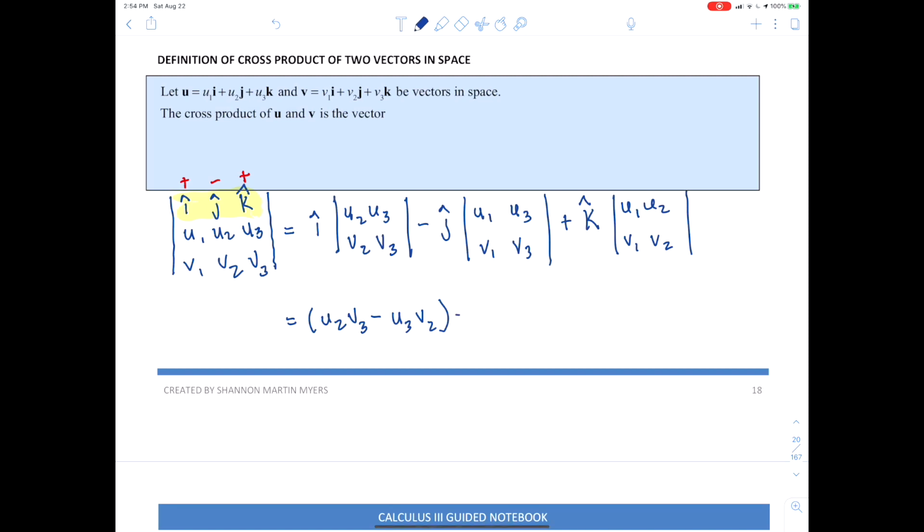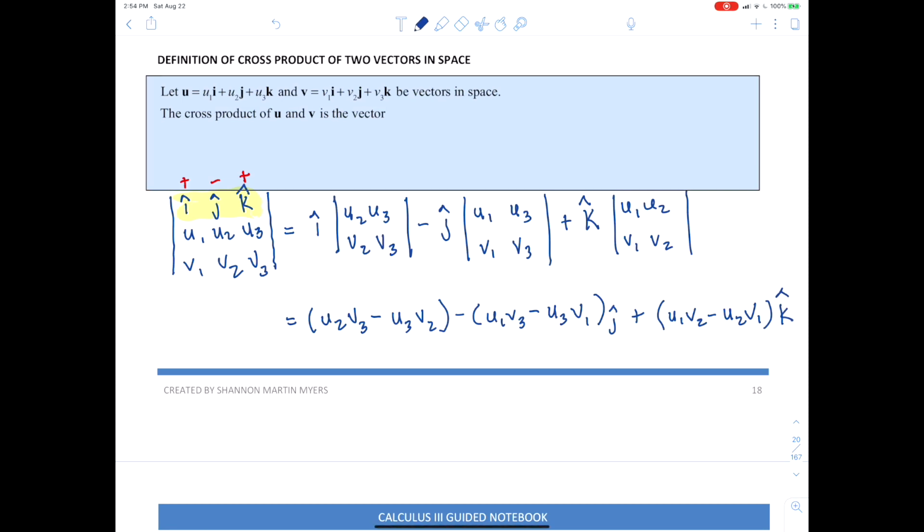And then we're going to have minus u1 v3 minus u3 v1, and that's times j. And then we'll have plus u1 v2 minus u2 v1, and that'll be times k.